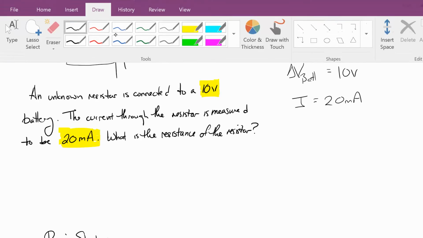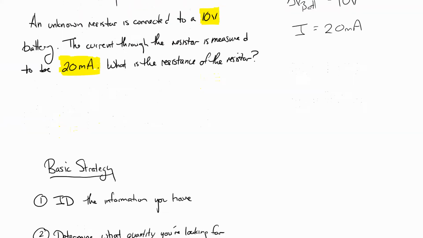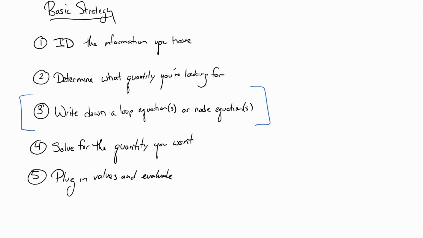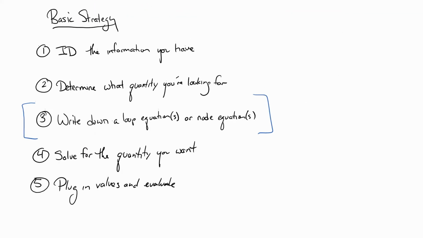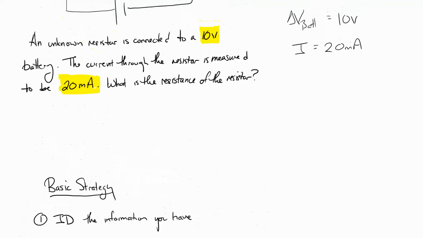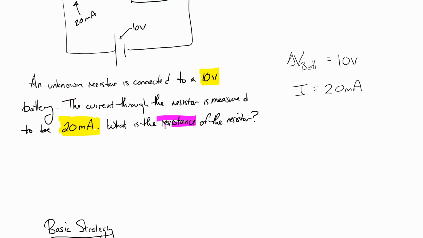All right. That's all the information I got. Step two, determine what quantity I'm looking for. Well, I'm looking for the resistance of the resistor. Not like a rebel base or something, I just want some resistance R. So R equals something that I'm going to try to find out. Cool.